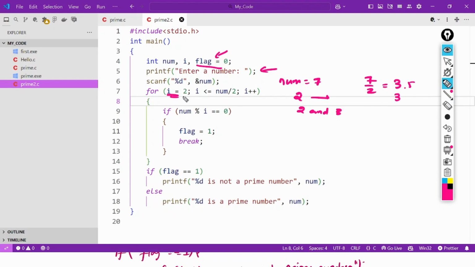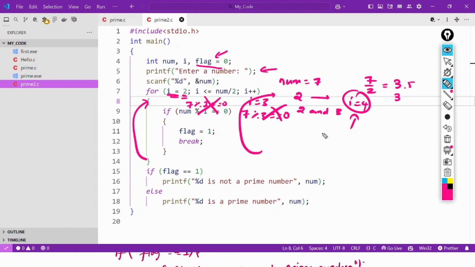In the initial stage 7 will get divided by 2. If it is not divisible, it will go back and increment i to 3. Then 7 divided by 3 leaves remainder not equal to 0.